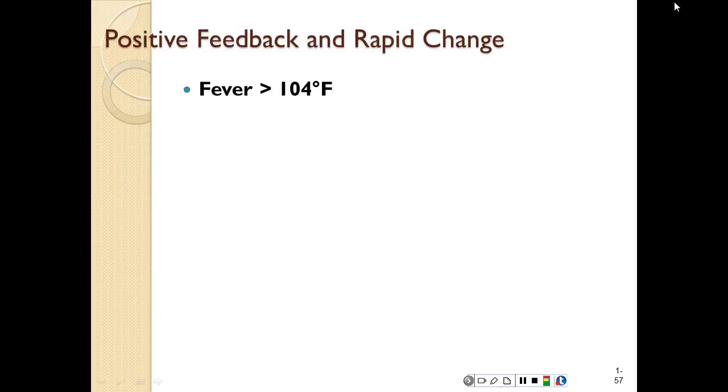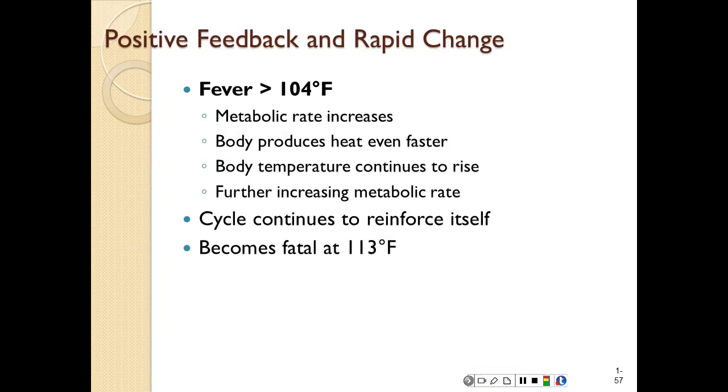Alright, so positive feedback may also be harmful or threatening, and it affects the loop, which pushes the body too far from homeostasis. So it can cause the body to go into life-threatening situations. A fever is a huge example of that. Fever is basically greater than 104 Fahrenheit.